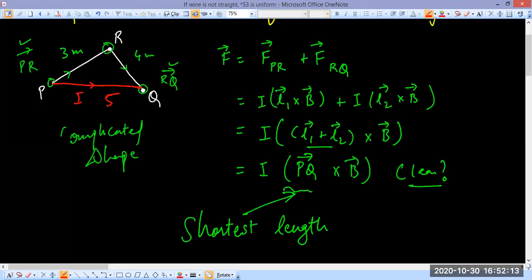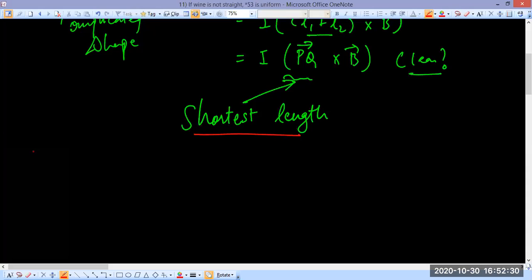You understood that? Let's say this was a right angle, giving a simple example. So instead of taking two pieces, just take the shortest length and it will give you the same result in every way. Clear? So now let me write the conclusion of the first point.